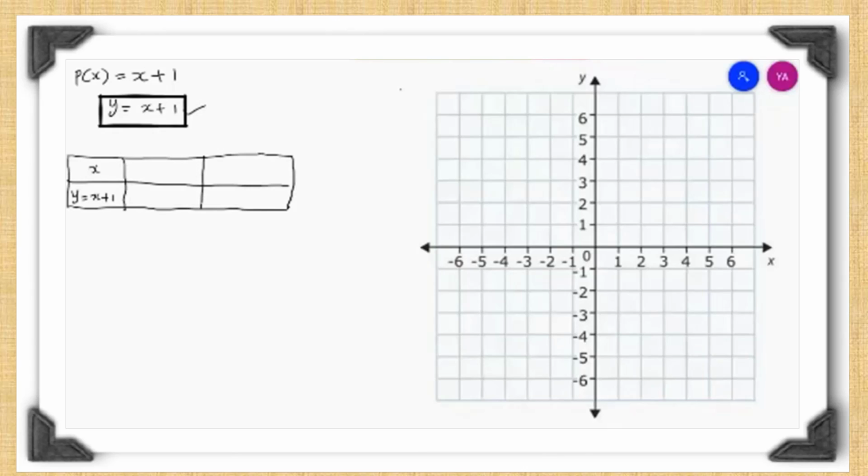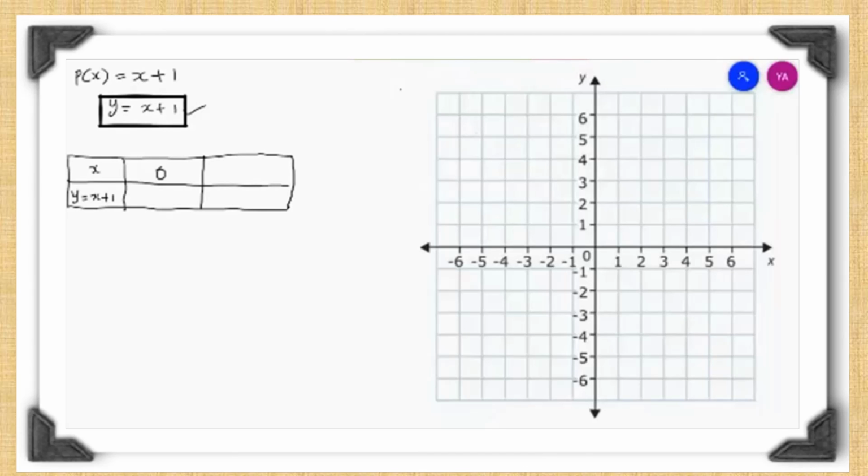So suppose x is equal to 0. Suppose x is equal to 0, what will be the value of y? Y is equal to x plus 1, right? So if x is equal to 0, y will be 0 plus 1. Yes, right, 1.